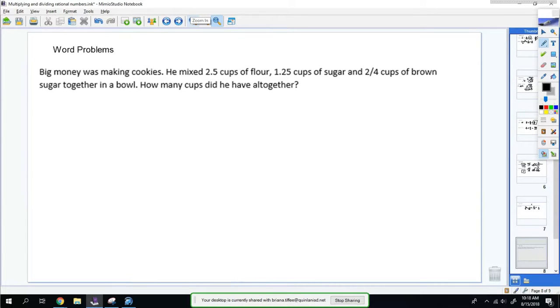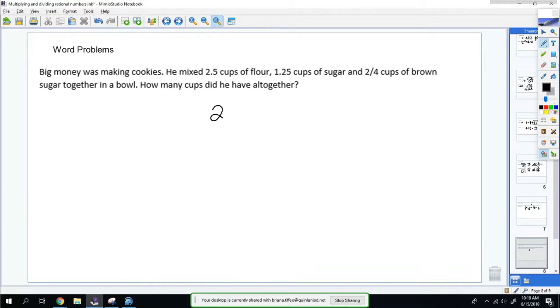Next word problem. Big Money was making cookies. He mixed 2/5 cups of flour, 1.25 cups of sugar, 2/4 cups of brown sugar together in a bowl. How many cups did he have all together?